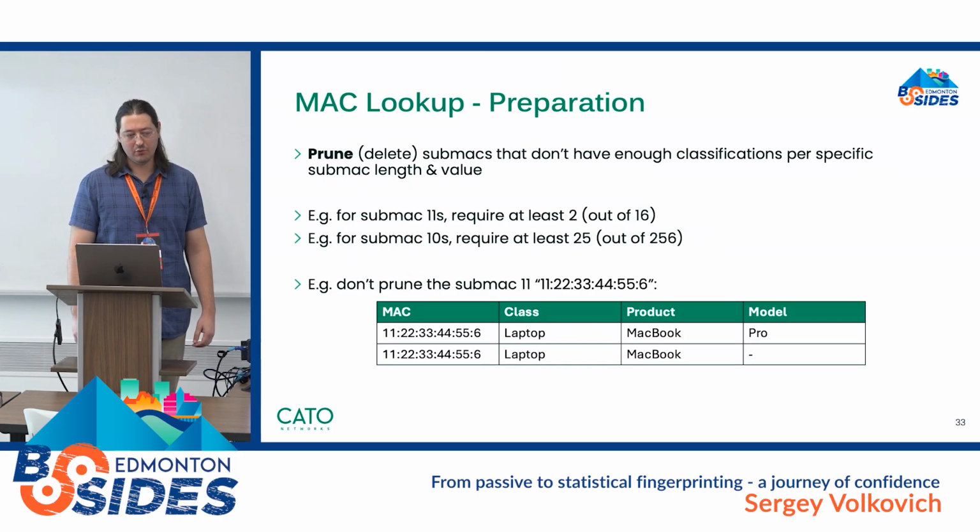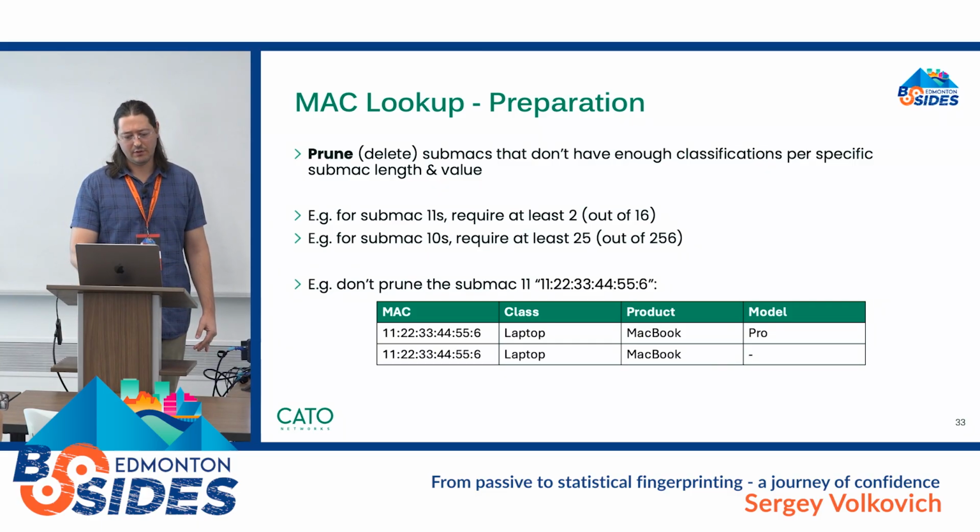We then prune. We will see a lot of pruning here, and by prune I just mean delete. Sub-MACs that don't have enough devices, enough classifications for a specific sub-MAC length and value. We don't want to keep unneeded stuff that is covered by other rows in the table.